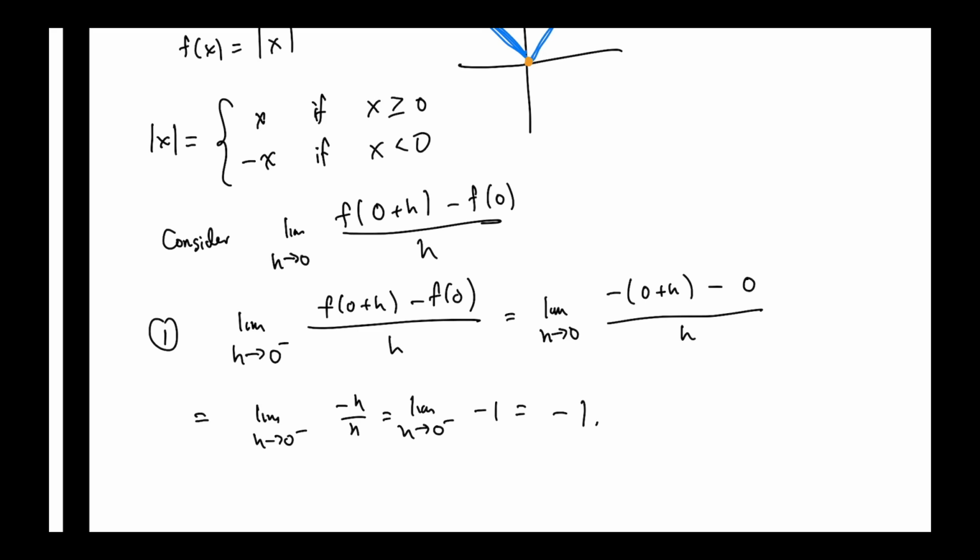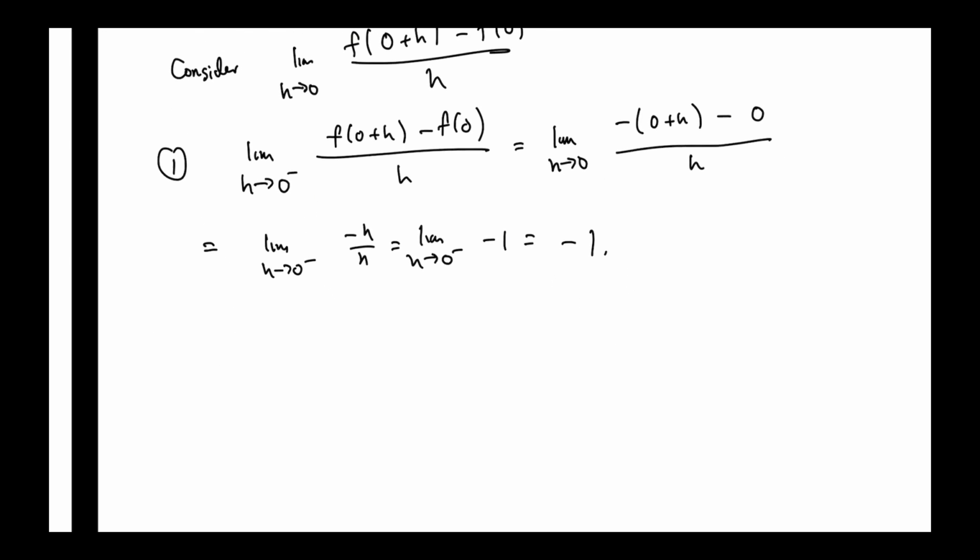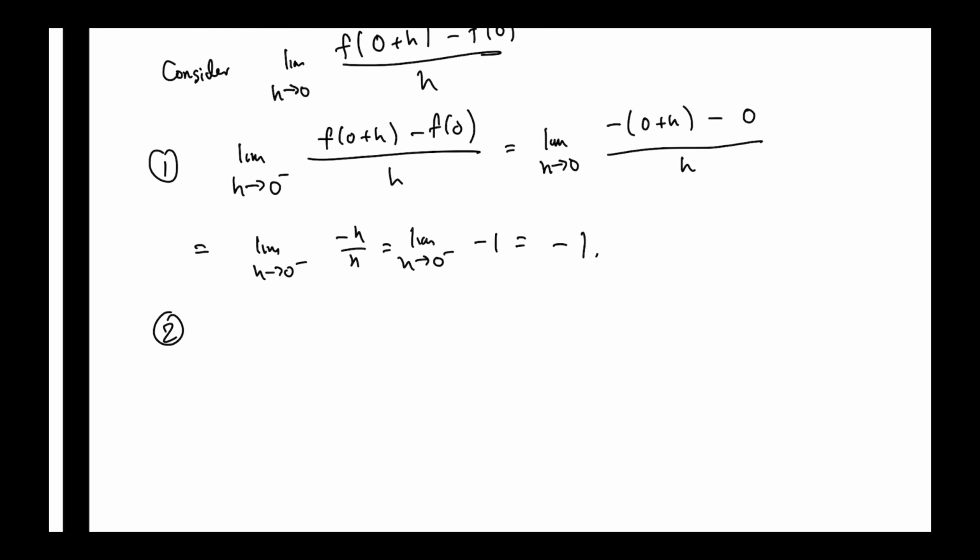Okay, now that makes sense, because what did we say the derivative, the slopes of the tangent lines, were on the left-hand part of this graph? -1, right? Seems reasonable. Okay, and when we do the right-hand side, what do you expect that we're going to get? We should get 1. Okay, because that's what we thought from the graph, but let's just go through and work it out.